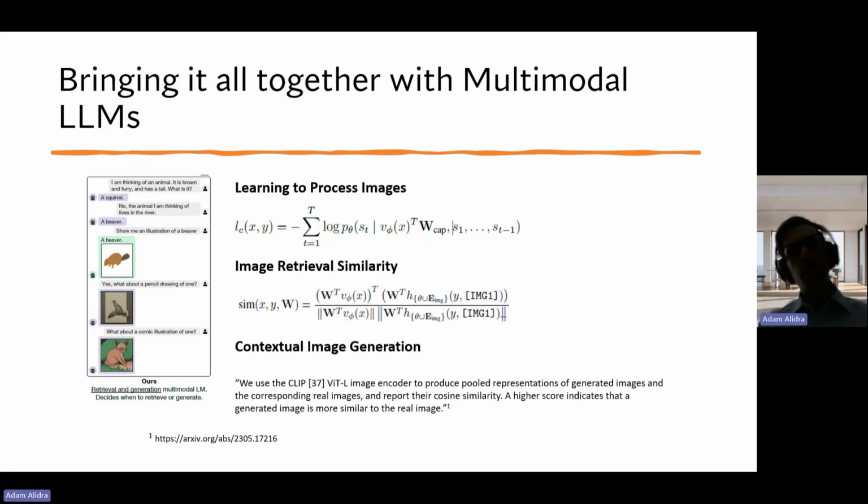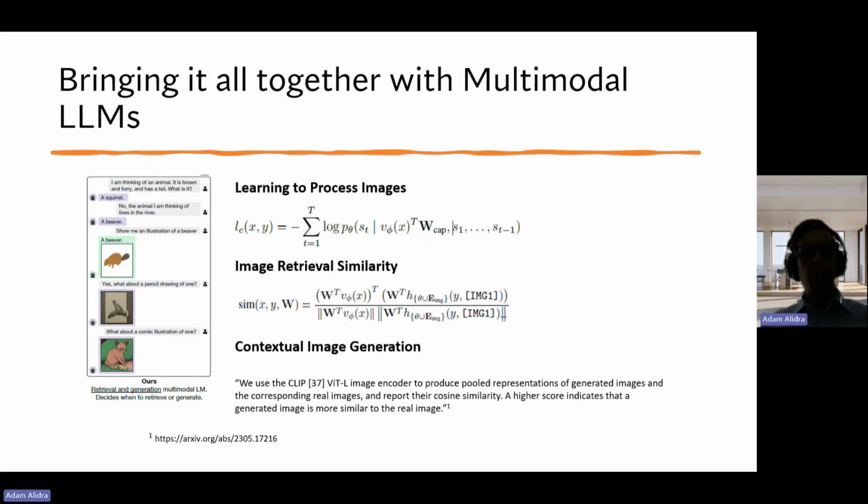And then similarly, they train on image caption pairs by minimizing negative log likelihood loss of the token sequence. And so intuitively, this trains a mapping that allows it to translate images into embedding vectors in the token embedding space of the large language model.